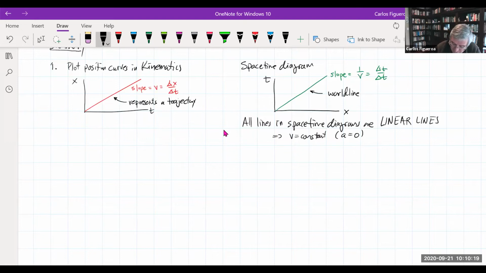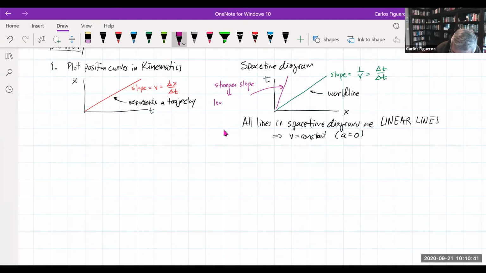So then if I look at the slope of this line, if I have a second slope here, let's say I compare something that's steep like this, a steeper slope implies what?